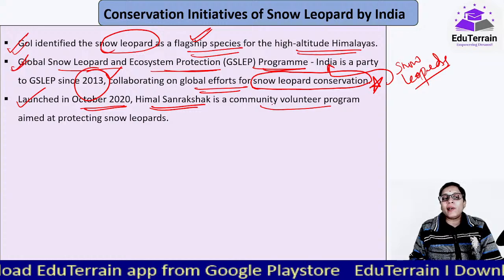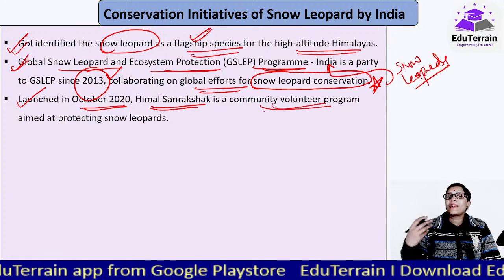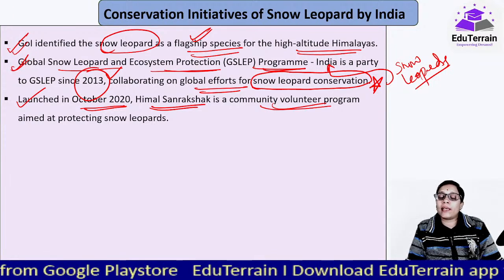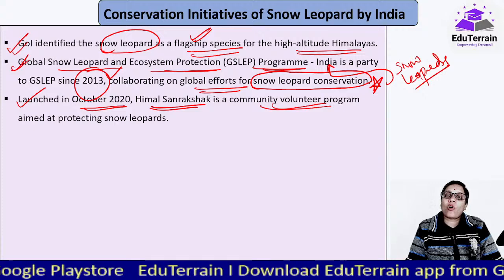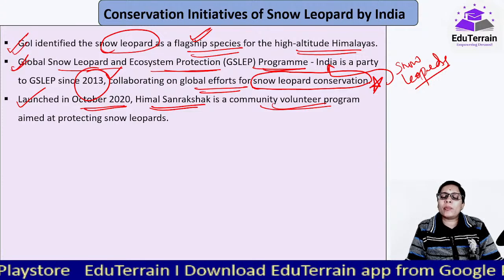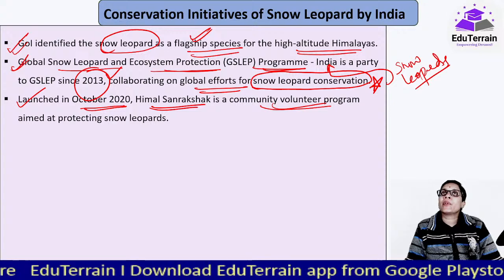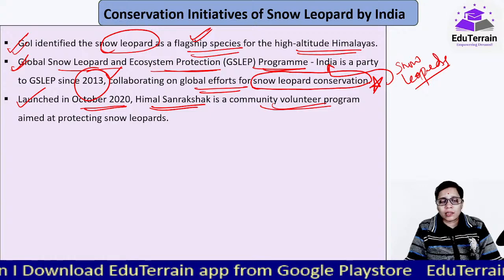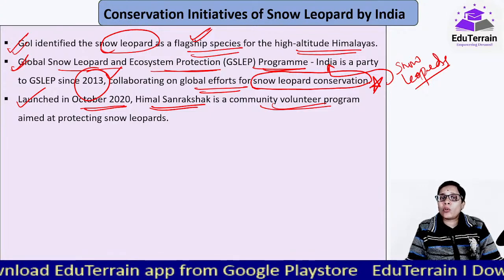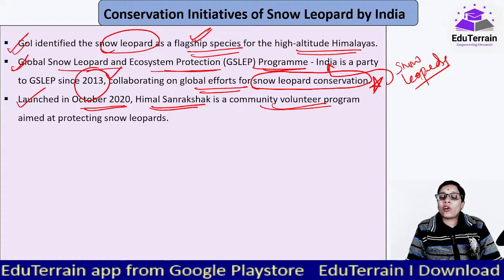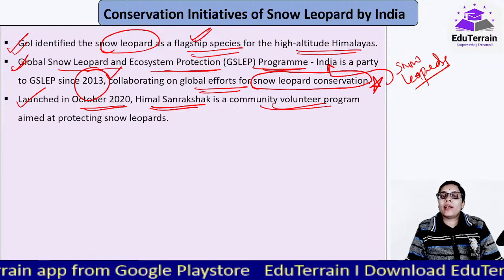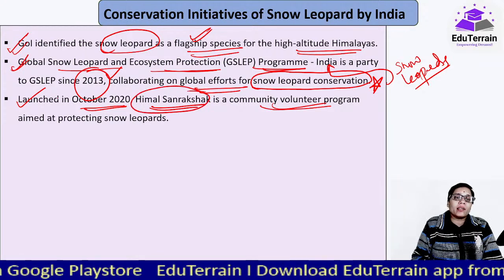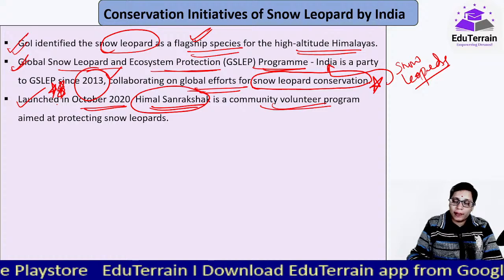It is a community volunteer program wherein people from different communities from these states where snow leopards are spotted or found come forward and help in protection of these snow leopards by creating awareness among the tourists and among the various people in those areas on how to take care of them, like not venturing into their areas, not trying to hunt them down. So they have done this, very, very important. This is a recent initiative that has been taken up.